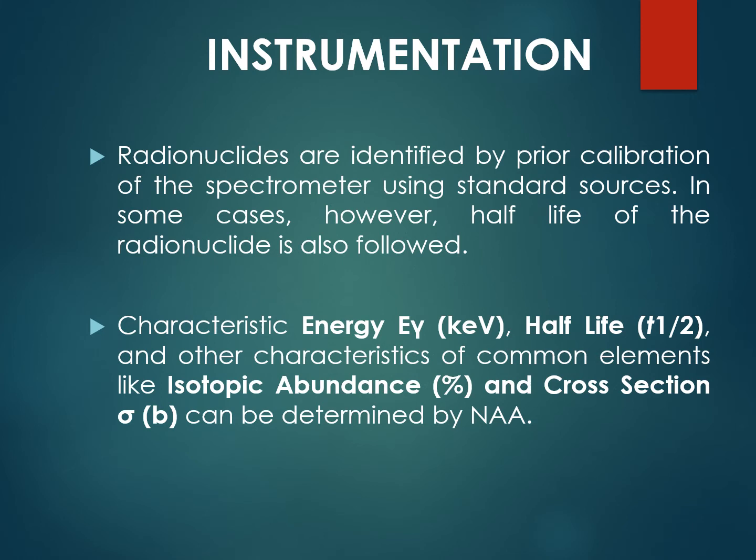The radionuclides are identified by prior calibration of the spectrometer using standard sources. In some cases, however, the half-life of the radionuclide is also followed.